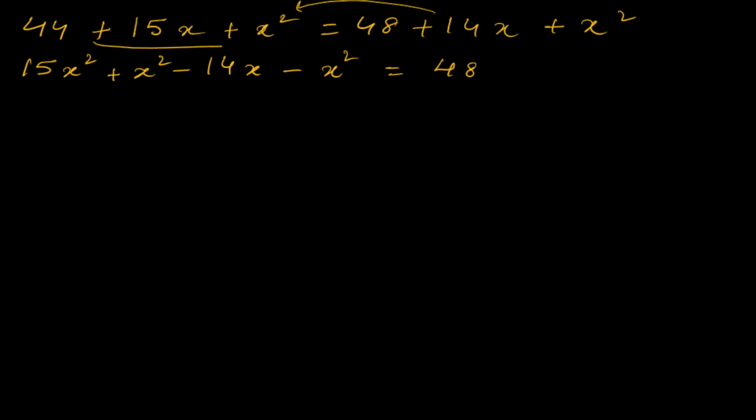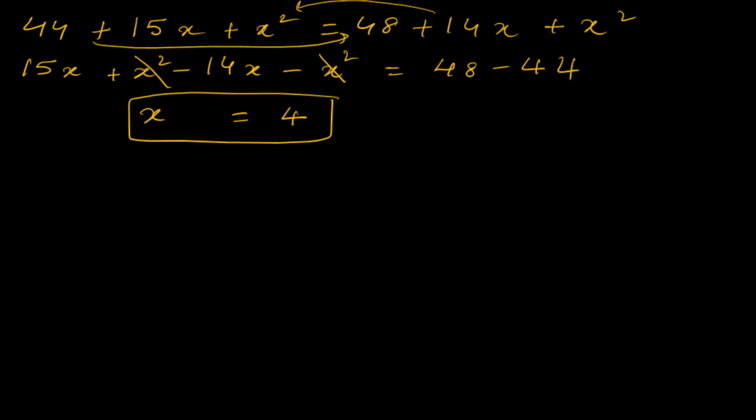When I shift 44 from the left side to the right side, it will become minus 44. x square minus x square will get cancelled. 15x minus 14x is equal to x. 1x we can write just x. So 48 minus 44 is equal to 4. So x value is equal to 4, which is the correct answer. Let's do the next question now.